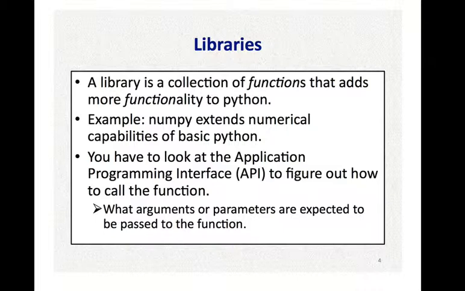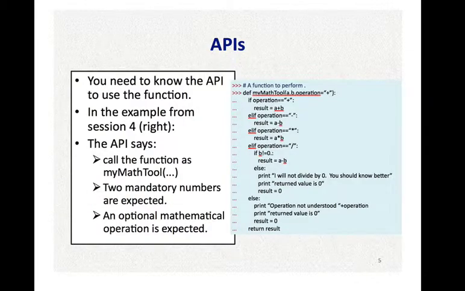So that includes what arguments are expected, what name to call that, and what arguments or parameters may be additional optional values for you to try within the function. Okay. So before I go further, NumPy is an example of a Python extension, which is a library. It extends the numerical capabilities.